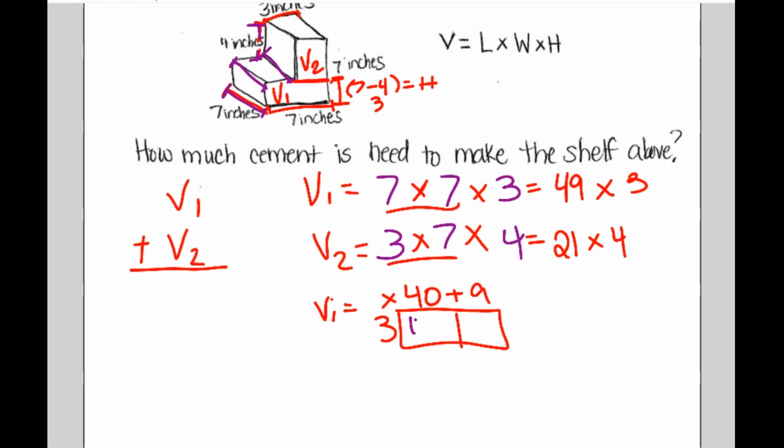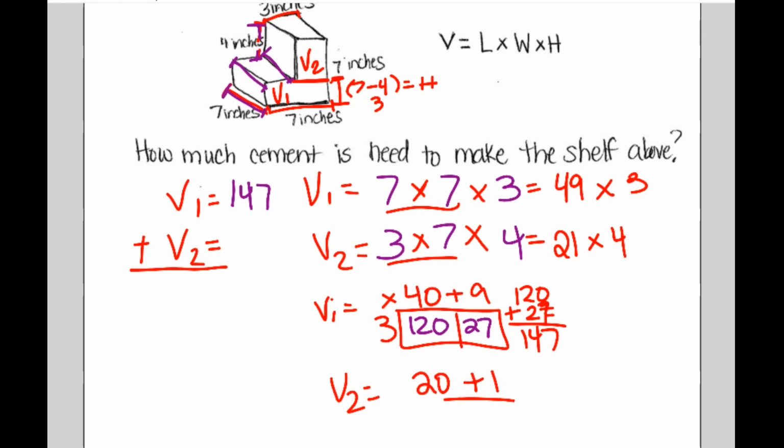That gives me 120 plus 27. 120 plus 27, that's a 7, equals 147. And then let's do volume 2. That one's going to be 20 plus 1 times 4. So that gives me 80 plus 4. That's 84.